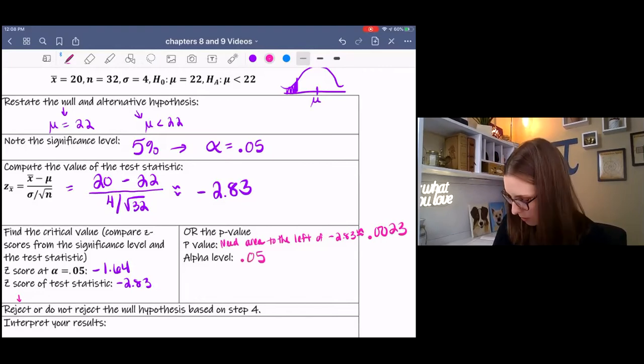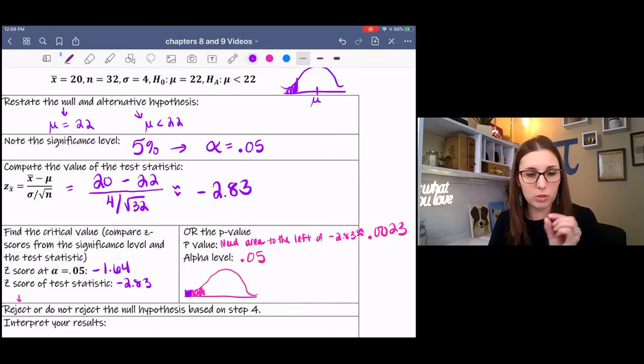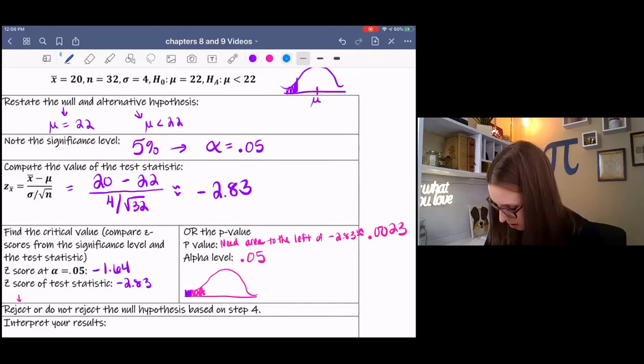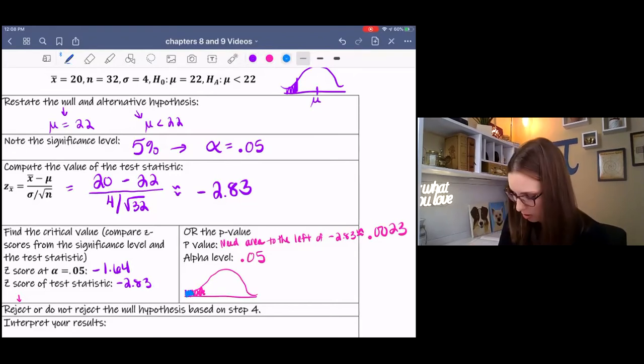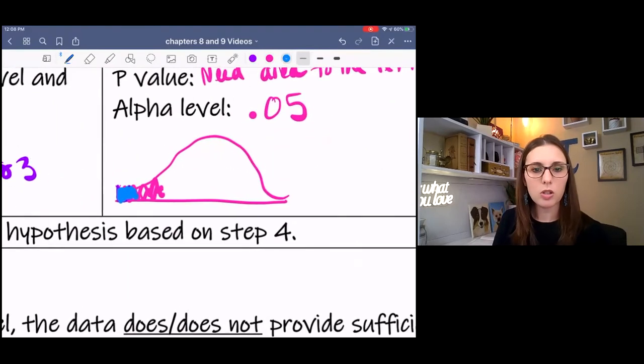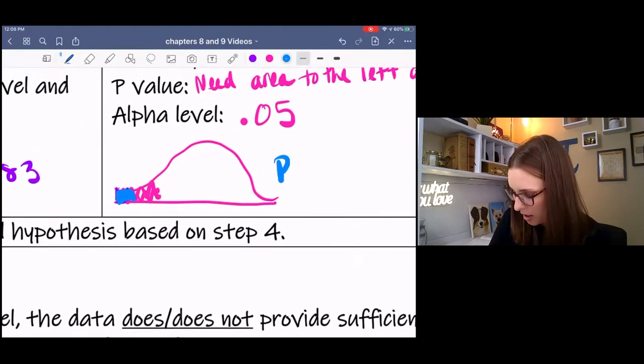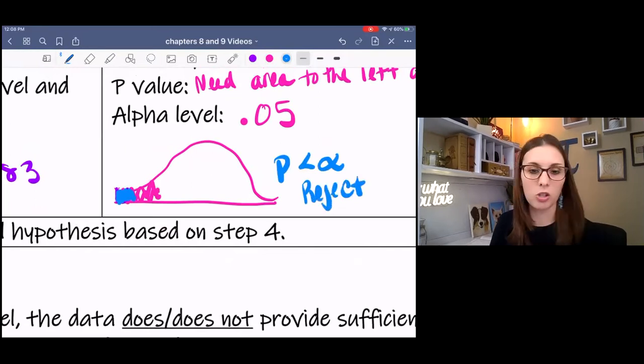So if I were to draw a picture of that, it's left-tailed with alpha of 0.05, and then 0.0023 would be an area really small. It's hard to see that. Make it blue. Over here. So since P is less than alpha, it puts it in the rejection region.